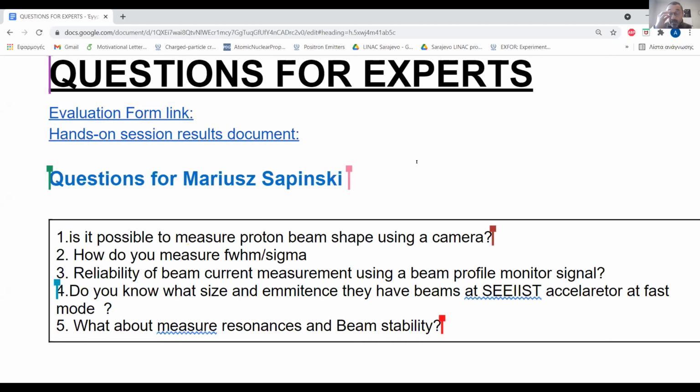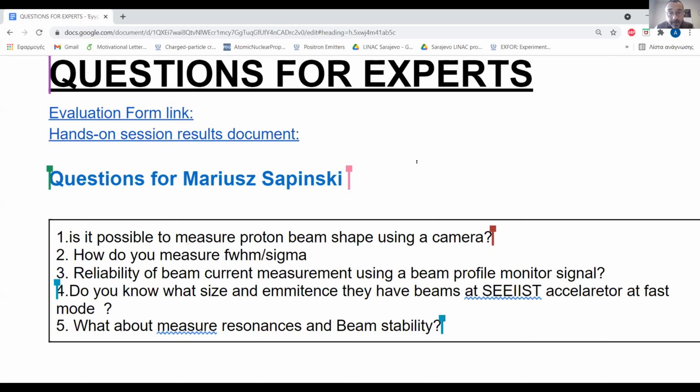We call it a pressure bump. So you locally increase the pressure of the rest gas in the machine, and when the beam goes through this gas, it ionizes. You have fluorescence. The gas is ionized and emits light, and you can just have a window in your vacuum chamber, put a camera, and see the beam.